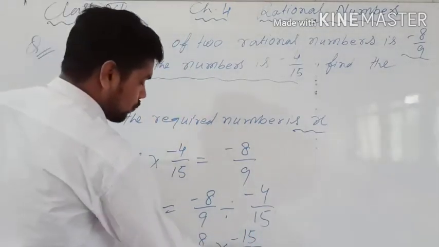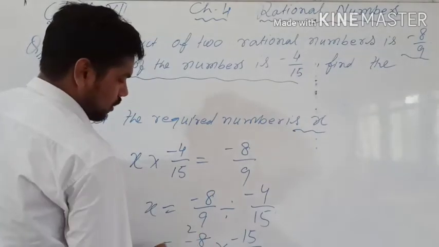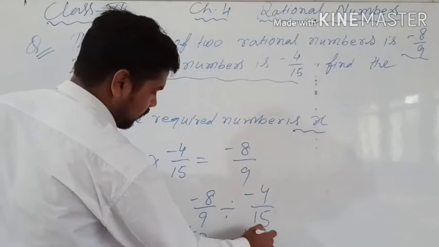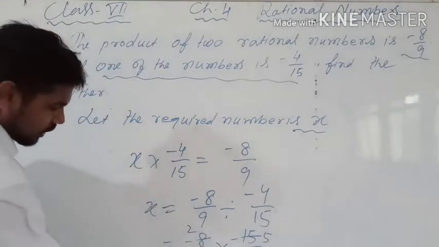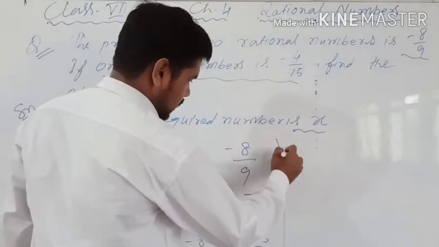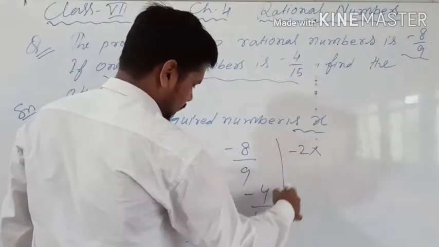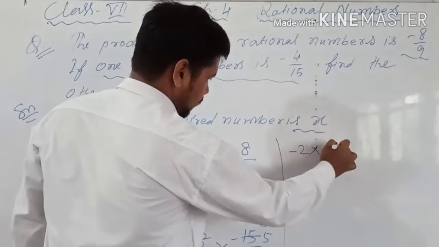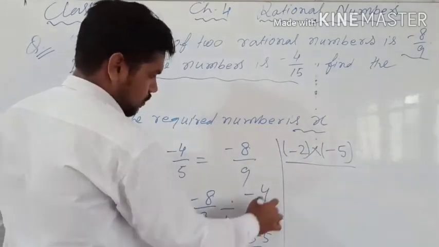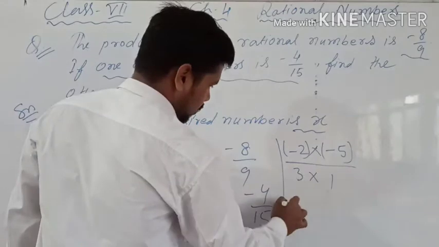Okay, so 4 1 are 4, 4 2 are 8. Now 3 3 are 9, 3 5 are 15. Okay, so here it will be how much? Minus 2 multiply minus 5, okay, divided by 3 multiply 1.